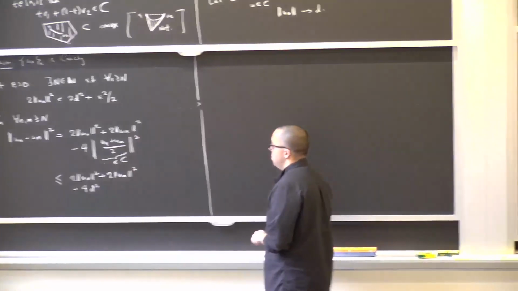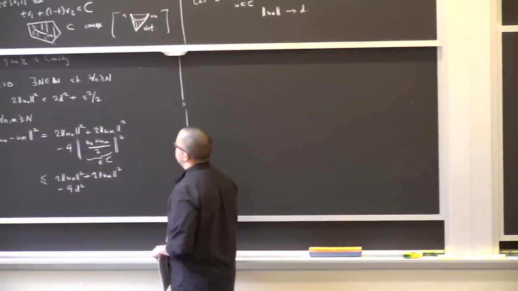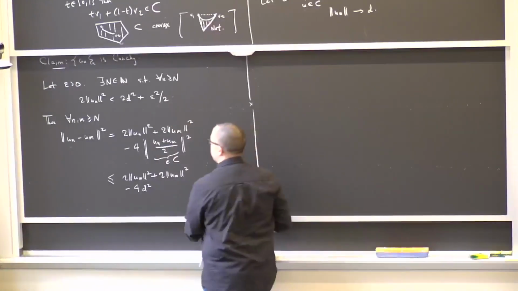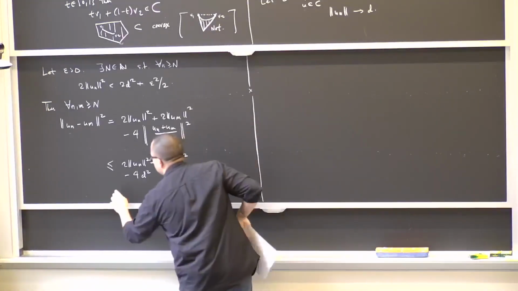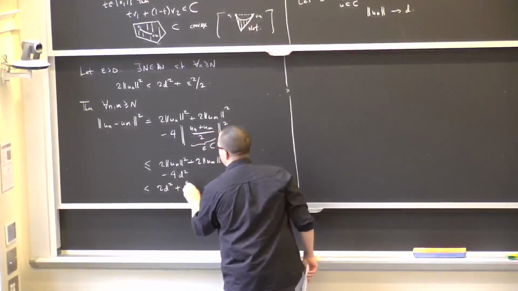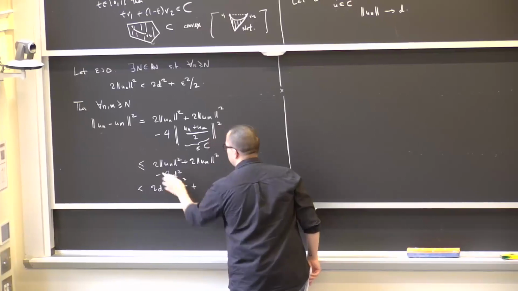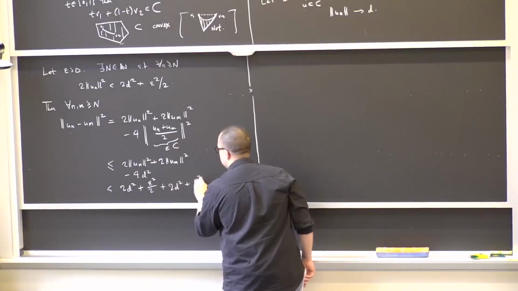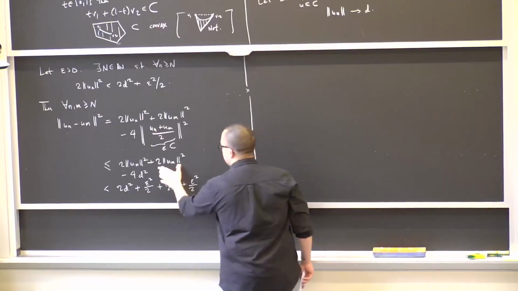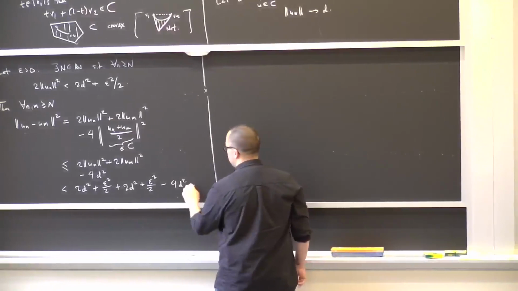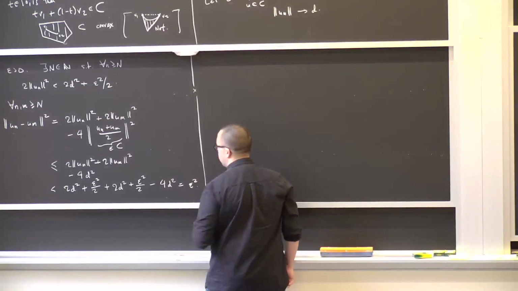All right? And now, based on how we've chosen capital N, we've chosen it so that we have this inequality here. I get this is less than 2d squared plus epsilon squared over 2 from the first one, plus 2d squared plus epsilon squared over 2 from the second one, and then minus 4d squared from this last one, and that equals epsilon squared.